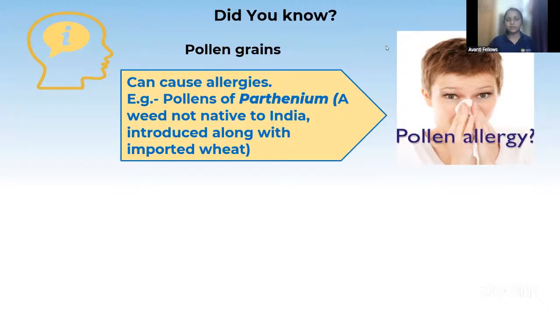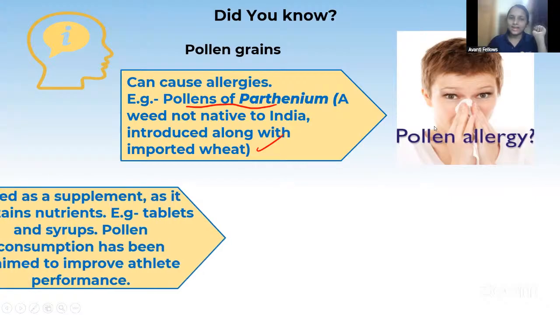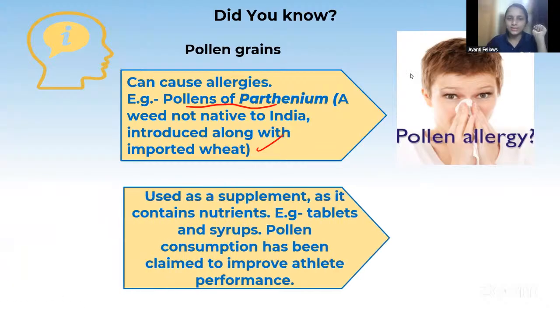Here you can see the Parthenium. Most probably they will get an allergy from the Parthenium pollen grain. You know Parthenium, right? That is not native to India, but it was imported along with the wheat. We call it carrot grass also. Yes, it is an overreaction of the body.